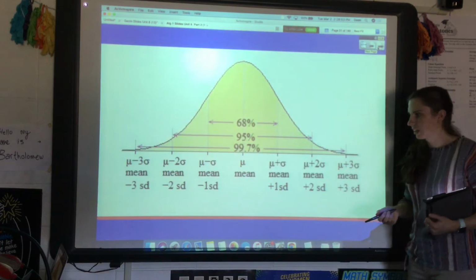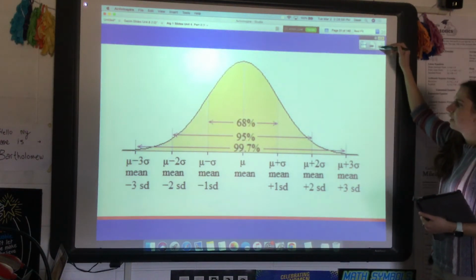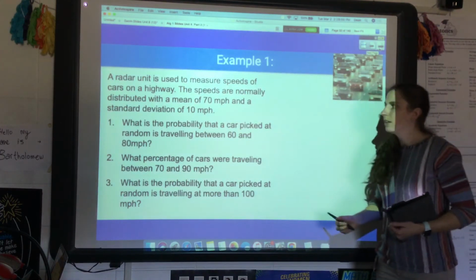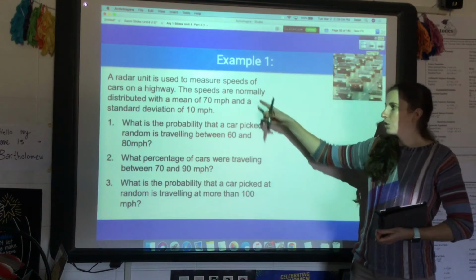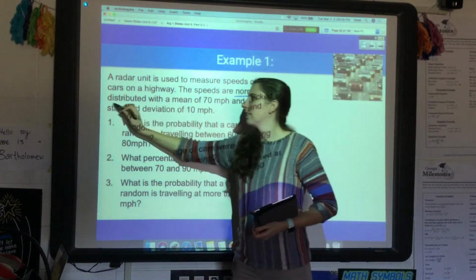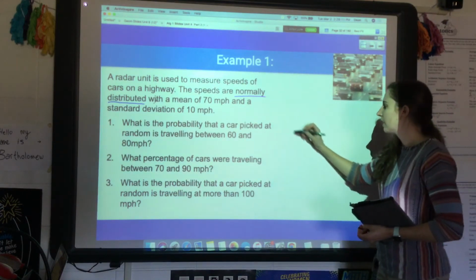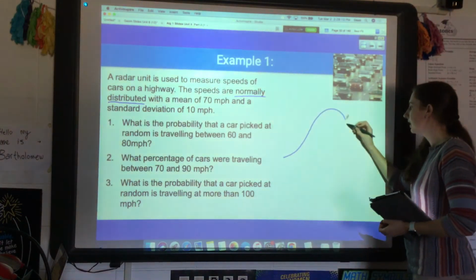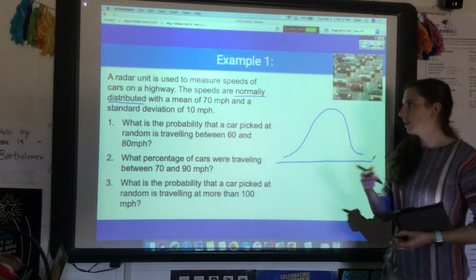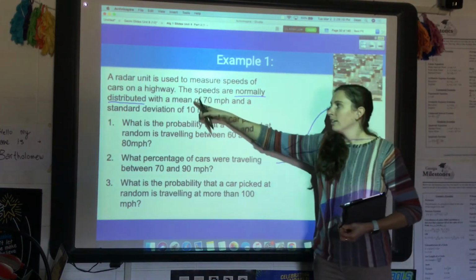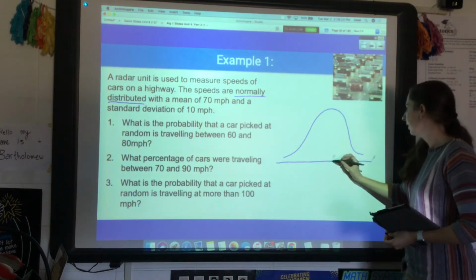Okay, so here's a slightly better looking picture than what I had drawn. So here's an example. Imagine the speeds of cars on a highway are normally distributed. Normally distributed is important. That tells me it's going to be a bell curve. If it didn't tell me that, I wouldn't be able to do any of this. The mean is 70 miles per hour, so that's what goes in the middle, right here.